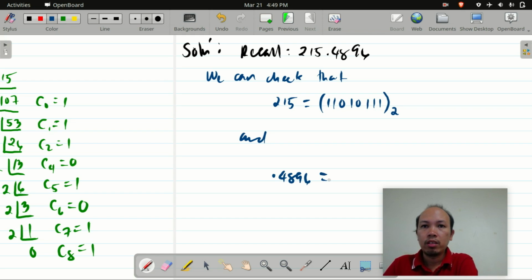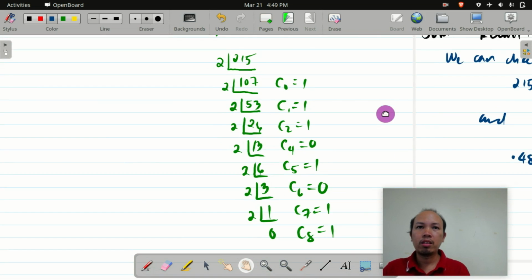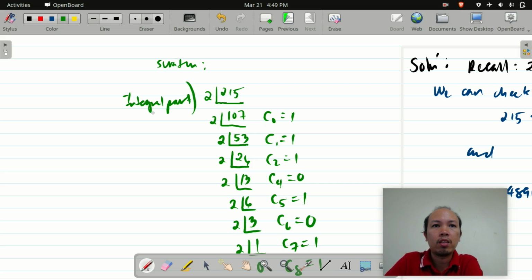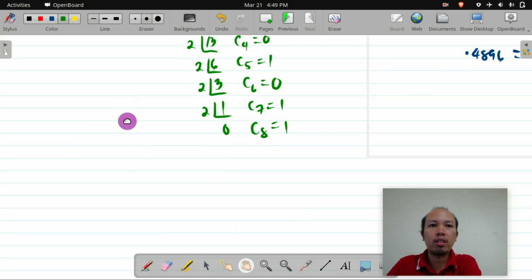So how do we represent the fractional part? This is the integral part here, and for the fractional part, we have 0.4896.